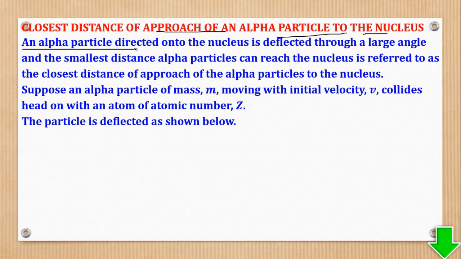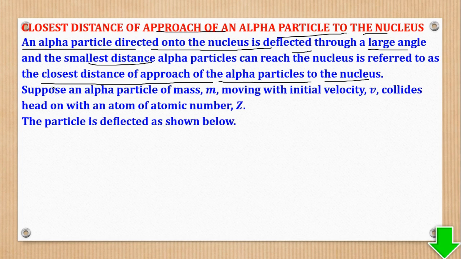An alpha particle directed onto the nucleus is deflected through a large angle, and the smallest distance alpha particles can reach, note this word, smallest distance, to the nucleus is referred to as the closest distance of approach of the alpha particles to the nucleus.